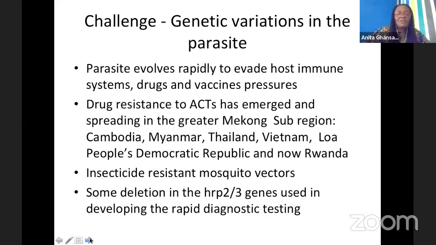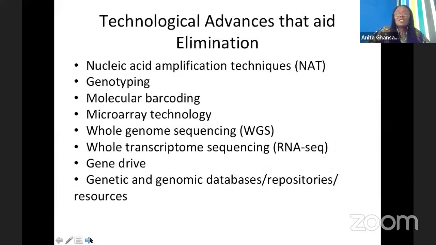And we already have insecticide resistance also in the vectors, the mosquitoes. And there is a deletion in the genes that are used in developing our rapid diagnostic tests. So what are we left with? But the good news is that with all the advancement in technology, for malaria elimination, we have a number of tools.